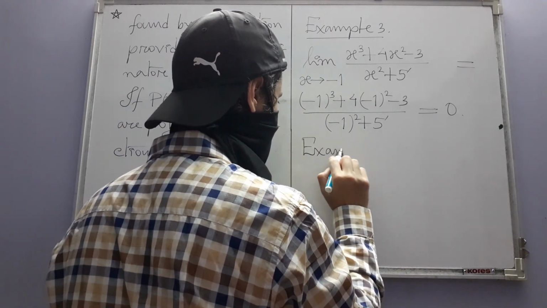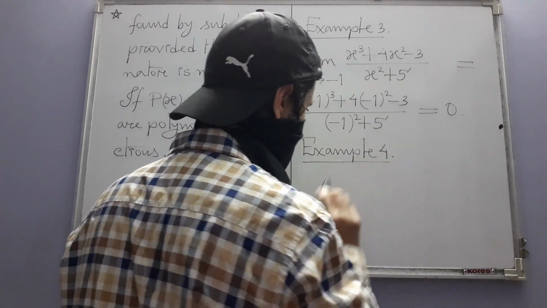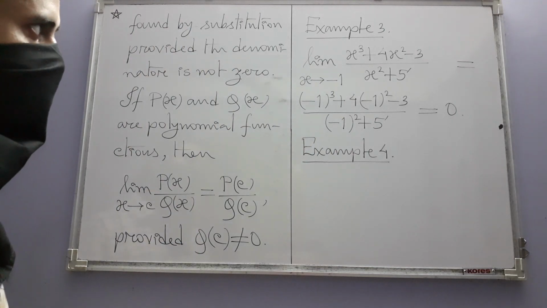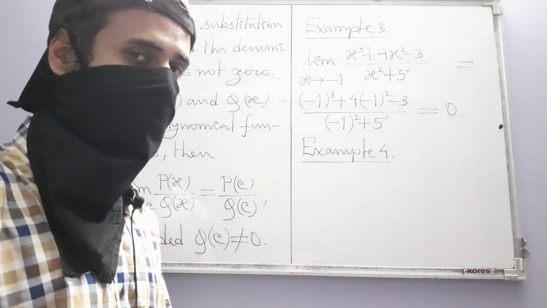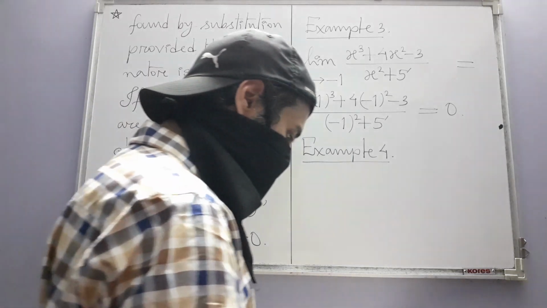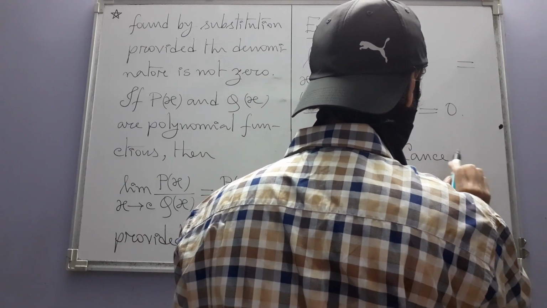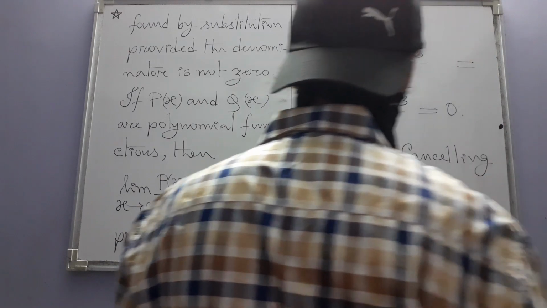Next we see another example where also we will encounter such a situation, but here you may not be able to just simply substitute because of a problem, and it has been given a name also, cancelling a common factor.